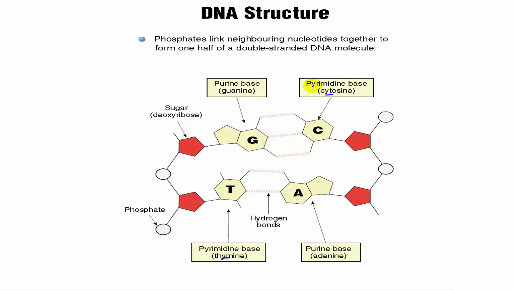So just like pyrimidine, Y. And the purines, of course, like adenine and guanine, don't have a Y. You may wonder what these bonds are here connecting the nitrogenous bases. Those are hydrogen bonds. Those are relatively weak bonds because during replication, during transcription, they actually have to be unzipped and reattached, and they can reform rather easily.